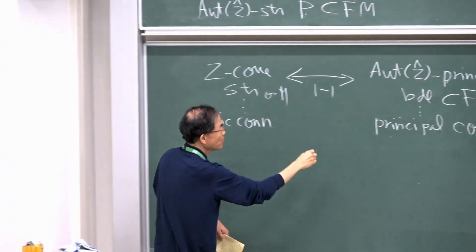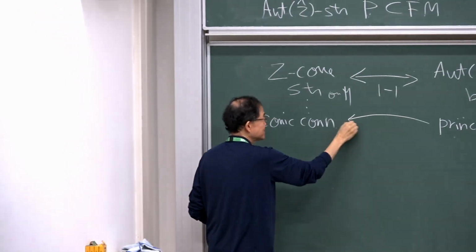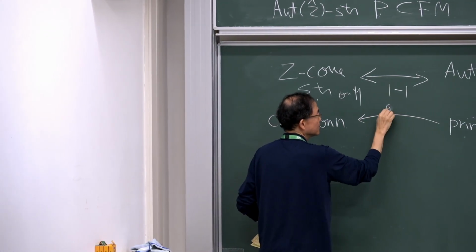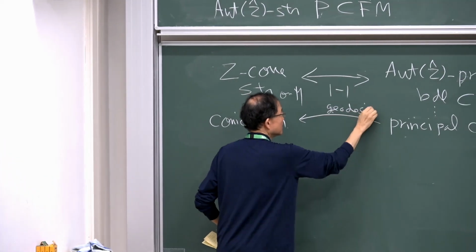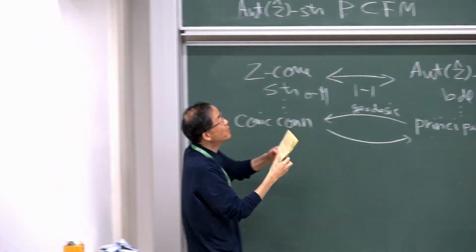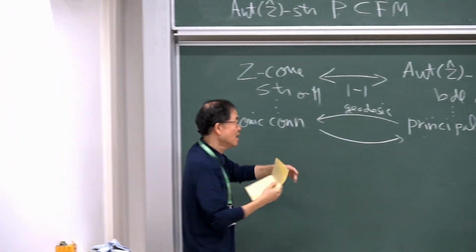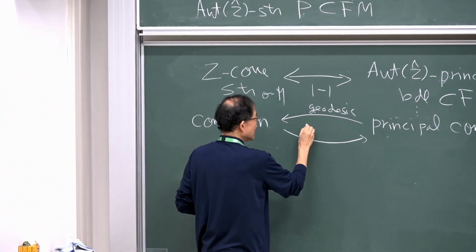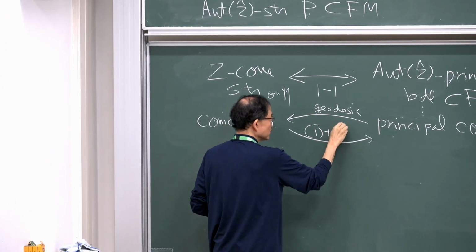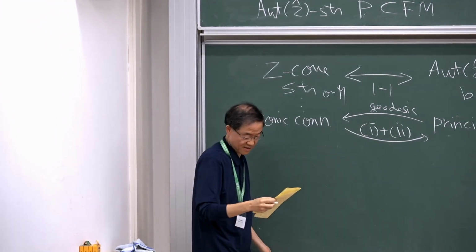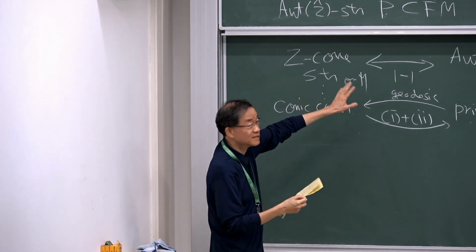And we saw over there that any principal connection gives a geodesic conic connection. And this proposition says that any conic connection comes from a principal connection when you have the 1 plus 2 condition, which holds in most cases. So you have this nice correspondence.